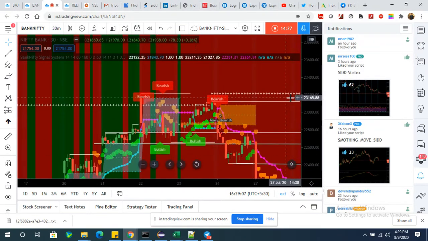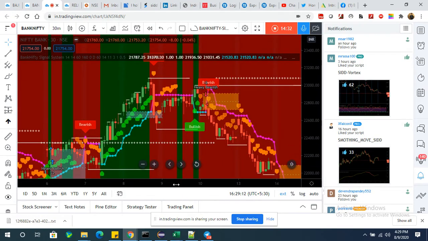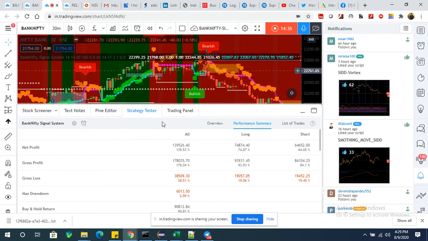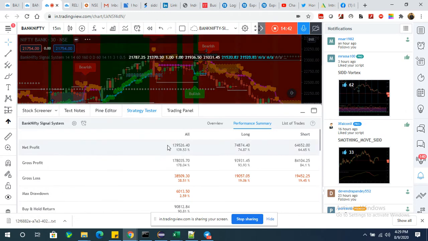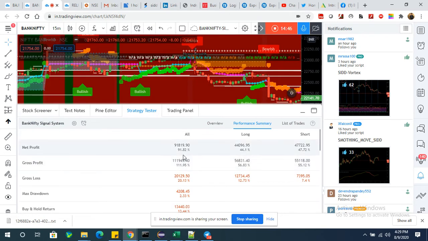So you can trade with this tool of mine on the 15 minute, 30 minute, 1 hour chart. I will show you the result. We have a result of 139% profit with the Bank Nifty signal system on the 30-minute chart. When you go to the 15-minute, the result is around 91%, only 91%.